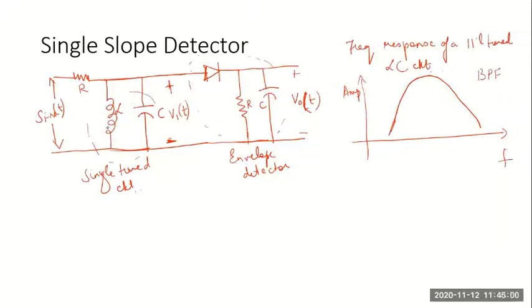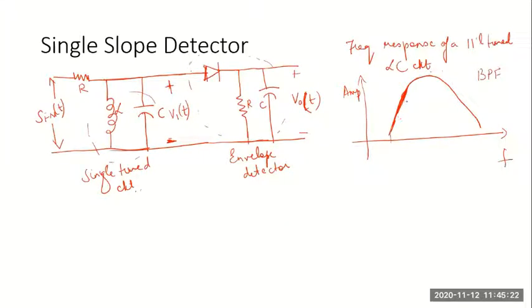Okay. So a parallel tuned LC circuit acts like a band pass filter, and it will give you a response something like this. The bandwidth depends on the values of L and C. Usually, we are going to operate this single slope detector in this range.